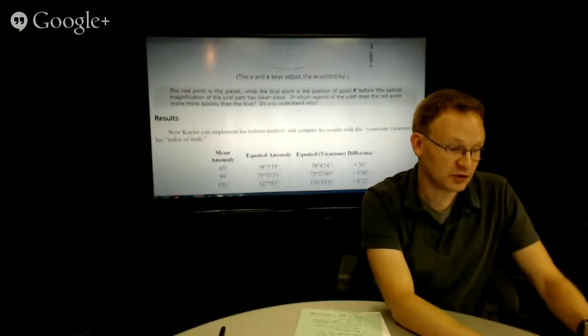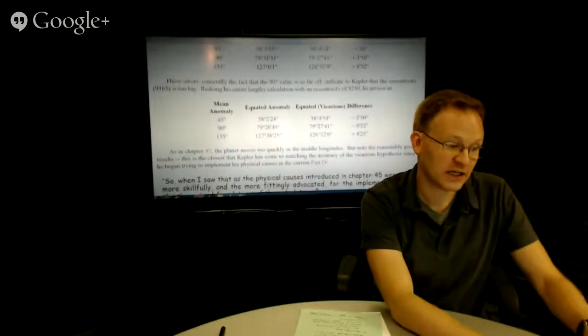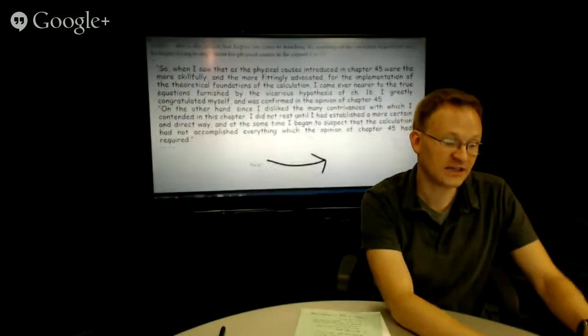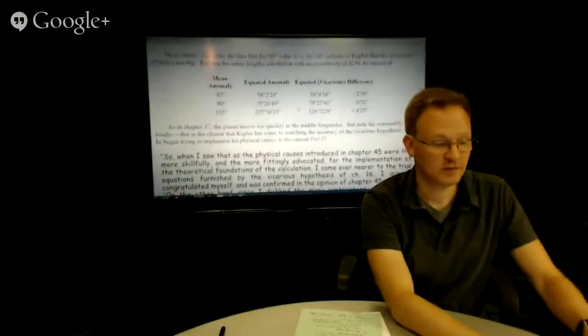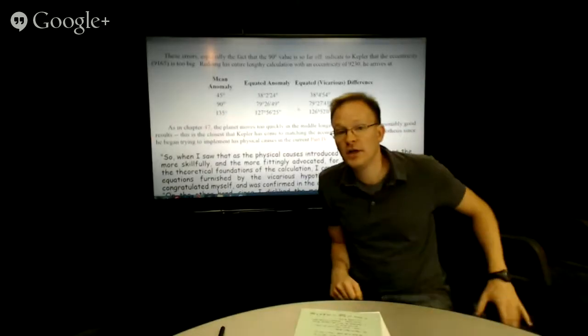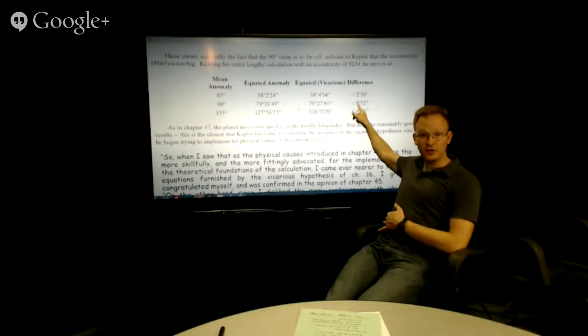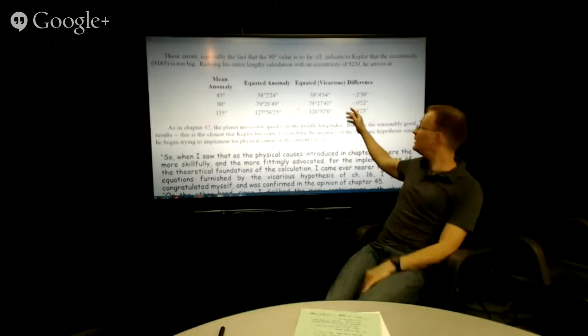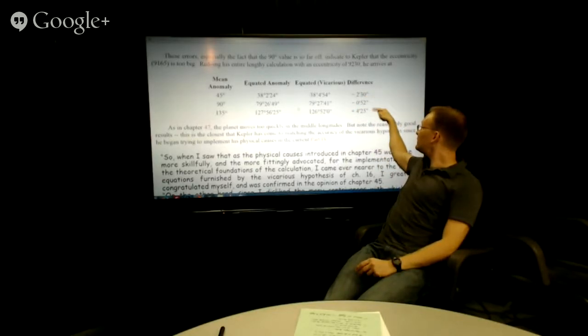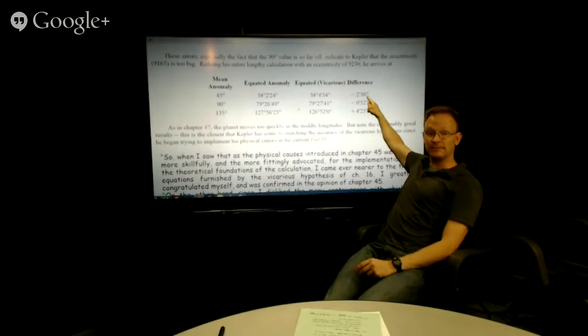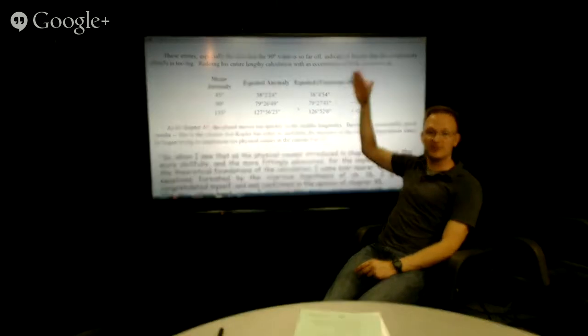So, he tried it out to see if it worked, and it's better. I don't know if you can see these numbers here, but using this technique, it's now pretty much right on at the quadrant. It's off by 1 minute. That's fine. And then at the octants, it's a little bit too slow at the mean anomaly. I mean, at 45, it's behind.